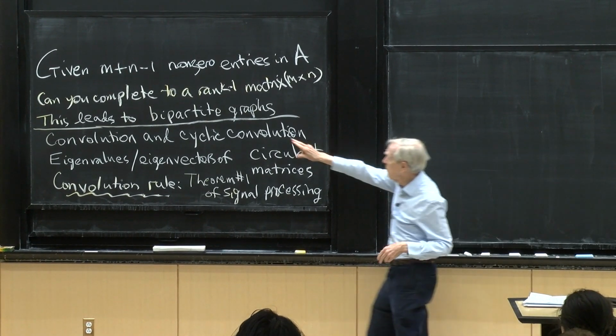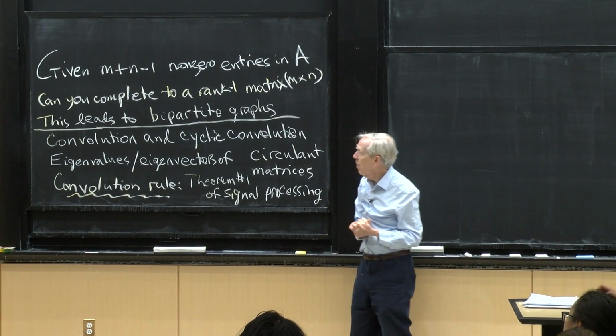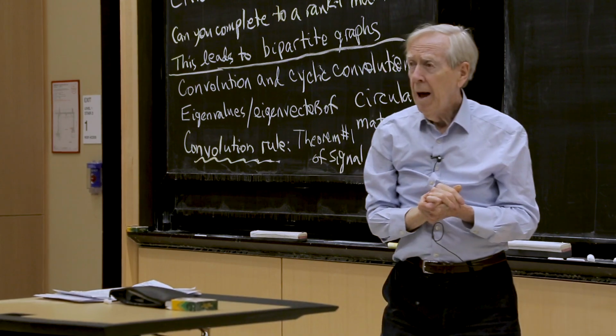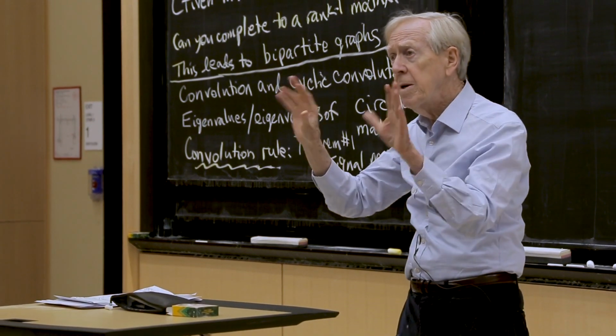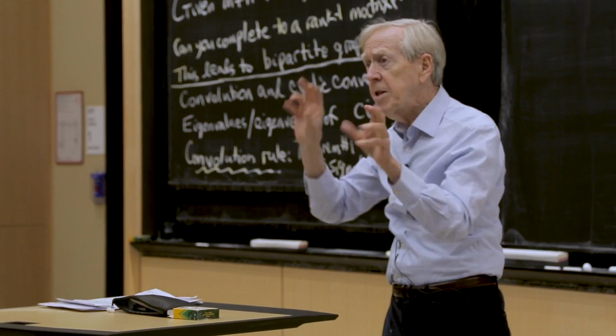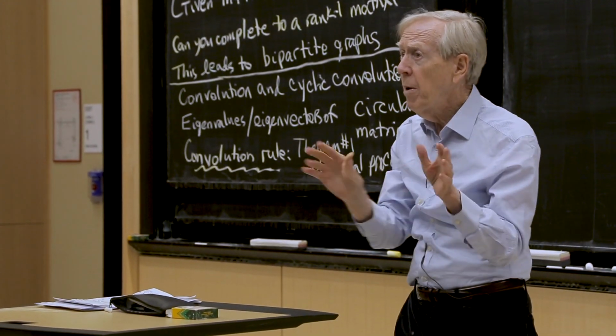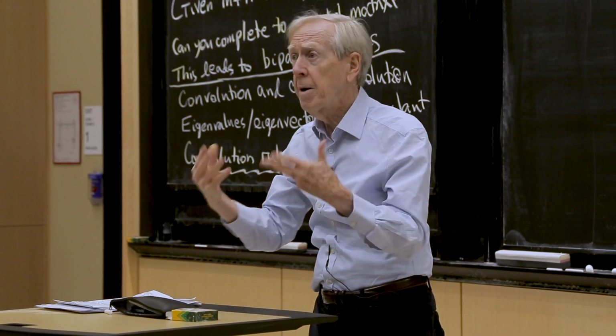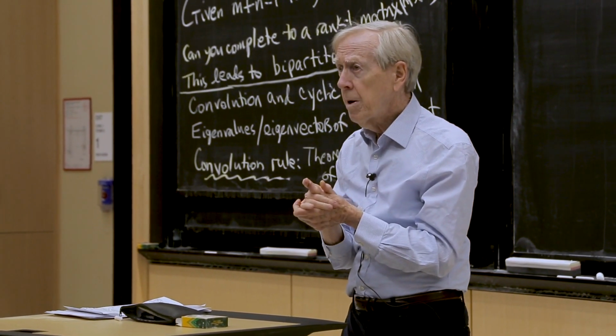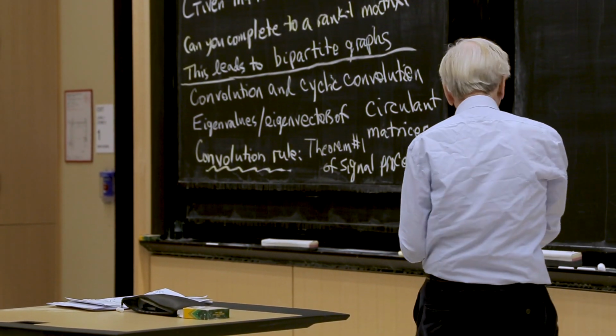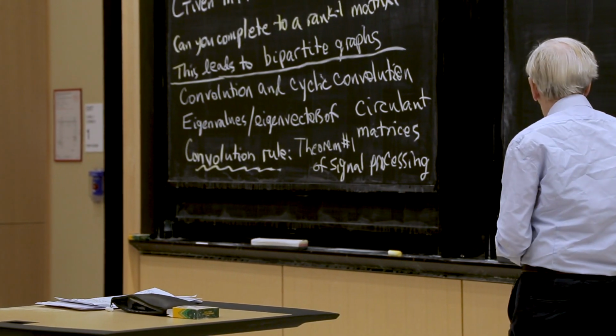And the question was, can you complete it to a rank 1 matrix? And so here's my question. What positions are okay, and what positions could you maybe not be able to complete to a rank 1 matrix? Examples are the best.